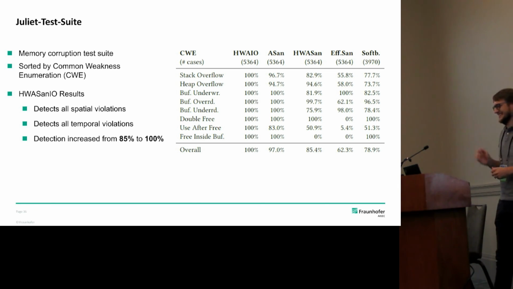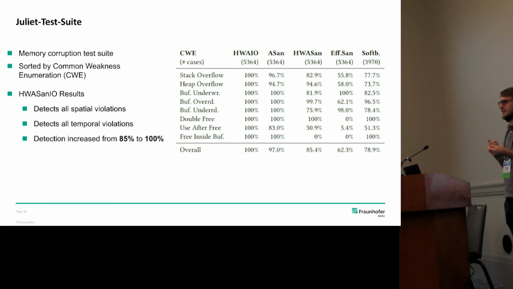That's an excellent point. So in my opinion, the default implementation of the hardware-assisted AddressSanitizer doesn't detect all overflows and underflows. One reason is that when they allocate a new object, they just give it a random tag, and that might collide with the object before and after.